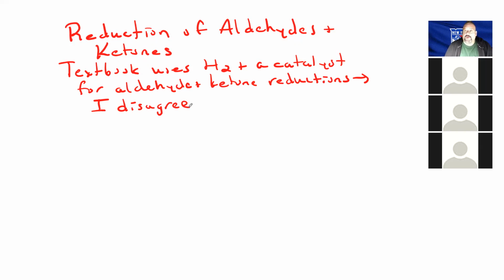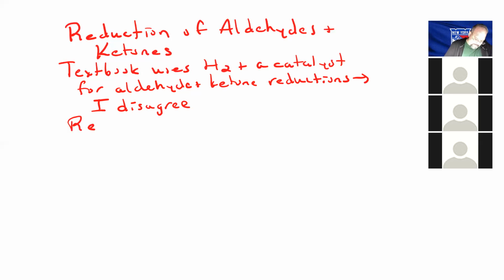I know why they're doing it. And as we go through the general equation and then we do some examples in a few moments, it'll become pretty clear why they're simplifying it with H2 and a catalyst. But from my understanding of organic chemistry over the years, looking at other textbooks and teaching the course, most aldehydes and ketones cannot be reduced with hydrogen and a catalyst.